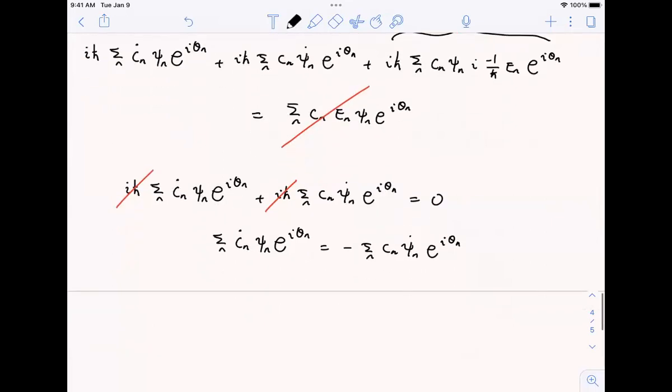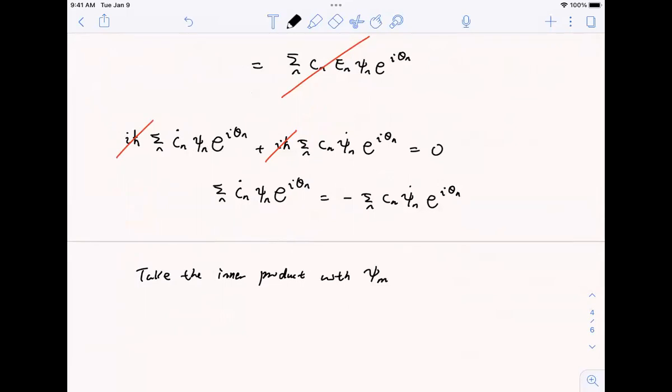Okay, so the typical strategy is going to remove this summation. We're going to take the inner product with this m. So you're going to have times here.